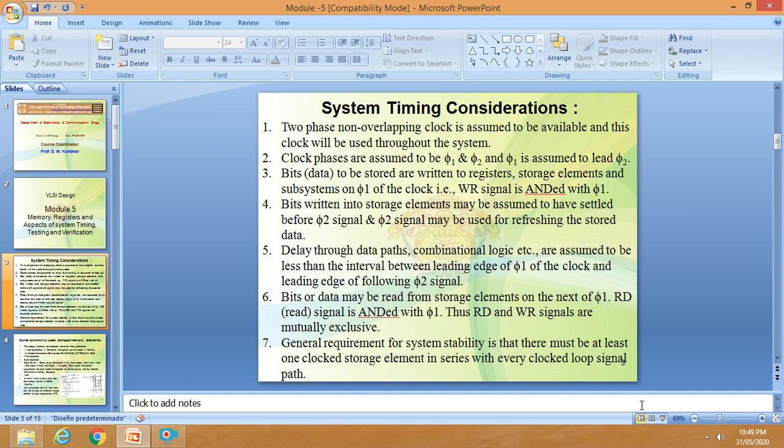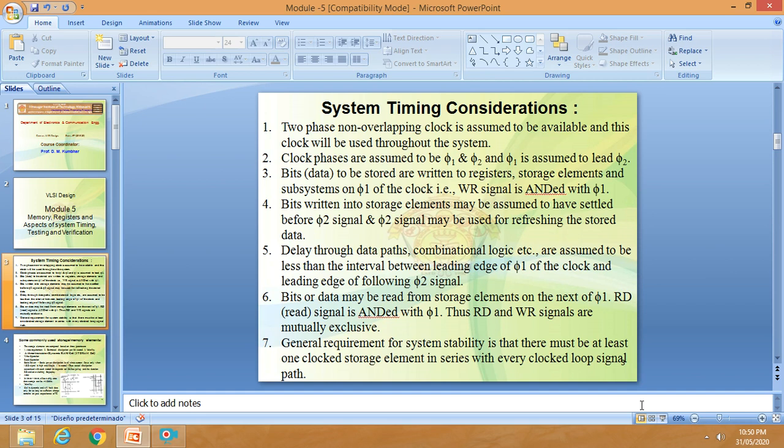Before going to that, we must consider some set of rules regarding the writing and replacement of the memory. So we have to go for the system timing considerations. Why do we go for system timing considerations?